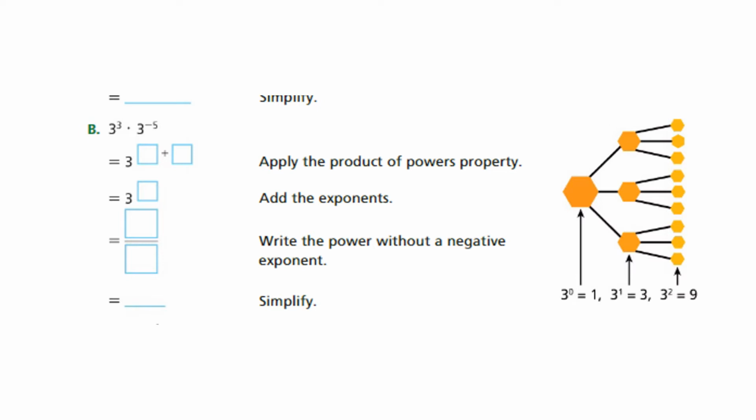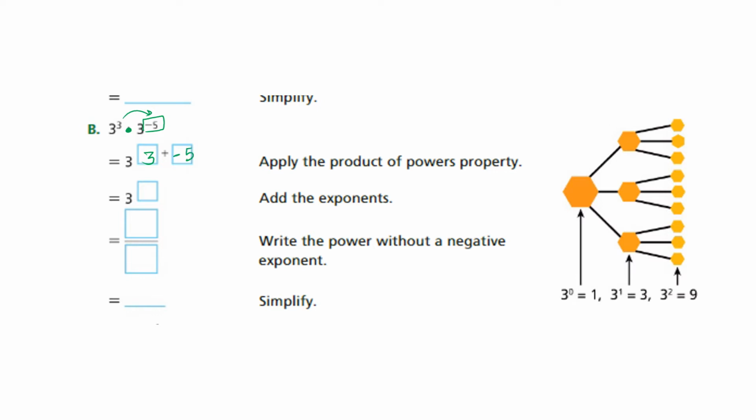Okay, here again the property is the product property, which means you will write the base one time and add the powers. But here you can see that there is already -5. So you just write, don't get upset, write -5.